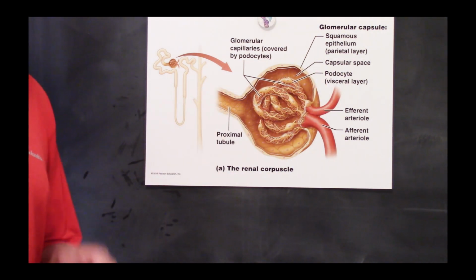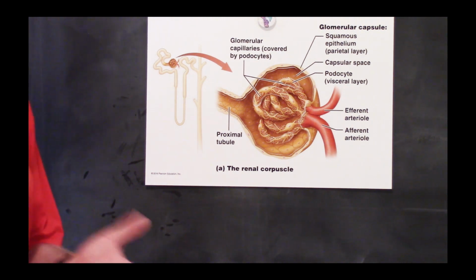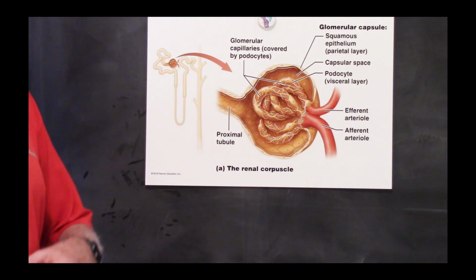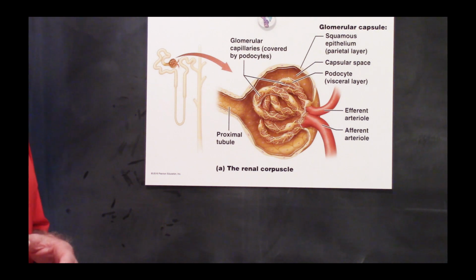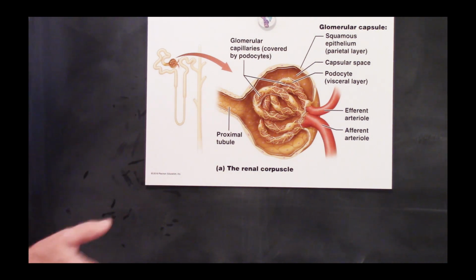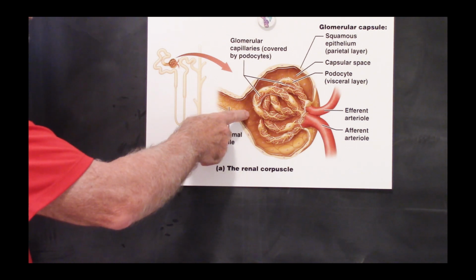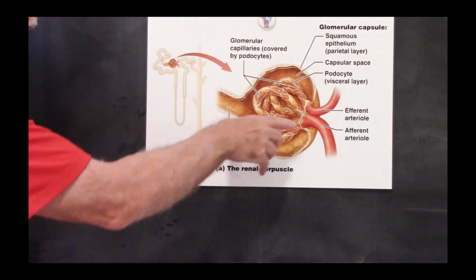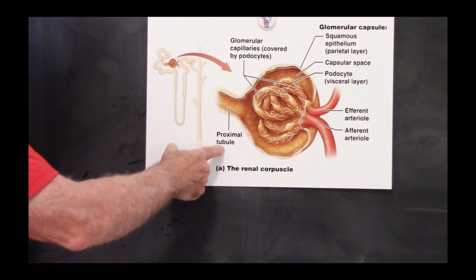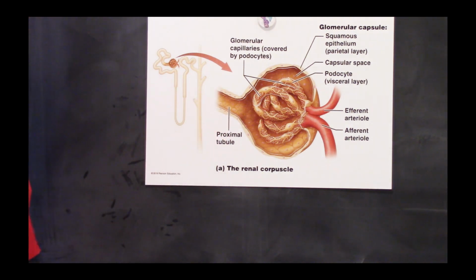And we're going to find that blood plasma is filtered through the glomerular capillaries into the glomerular capsular space, and from the capsular space, this filtrate that forms travels into a proximal convoluted tubule, or a proximal tubule.